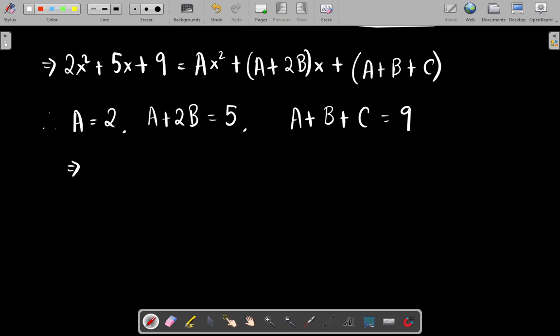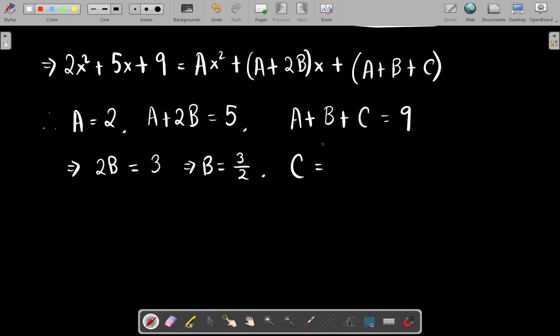If we substitute a equal to 2 in a + 2b, we get 2b equal to 5 minus a, which is 5 minus 2, which is 3. So b should be equal to 3/2.